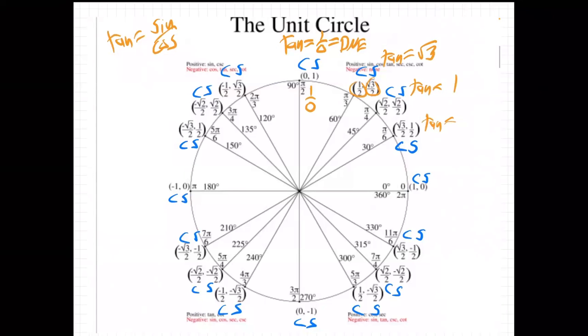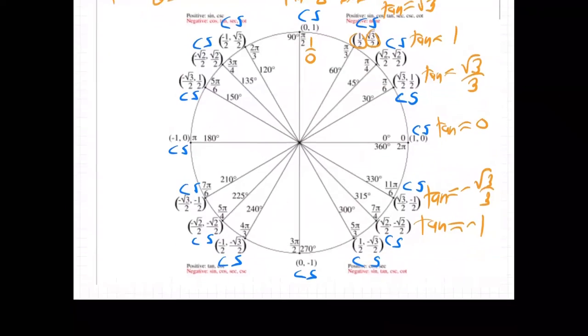Tangent on this one is going to be square root of 3 over 3. Tangent here is going to be 0, because sine over cosine gives 0. Tangent down here is the same thing, just negatives: negative root 3 over 3. Then the next one, tangent is negative 1 at that spot.